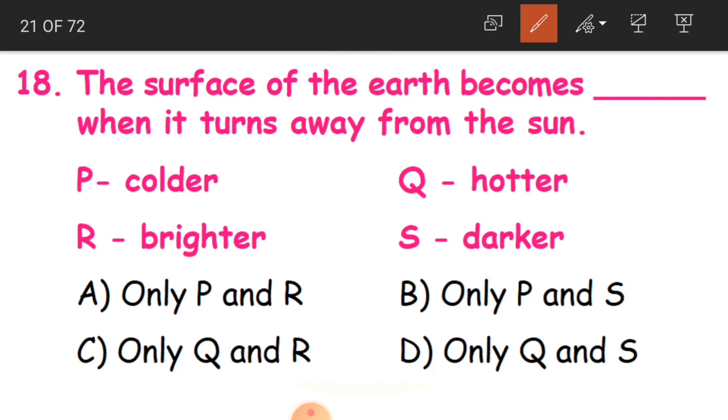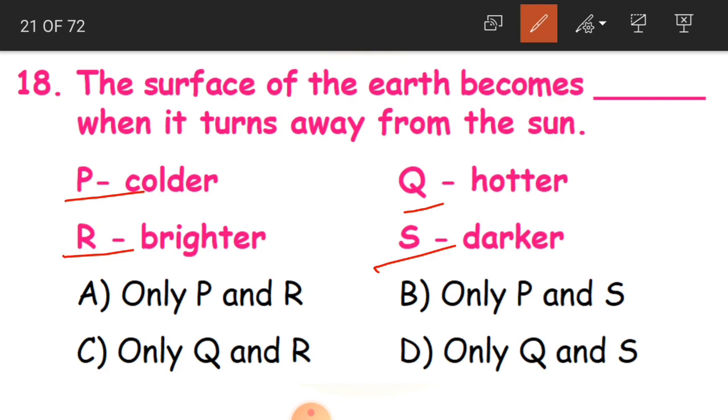So if it is colder, you have to say P. If it is hotter, you have to say Q. If it is brighter, you have to say R. If it is darker, you have to say S. So what will be our answers? A is only P and R, colder and brighter.